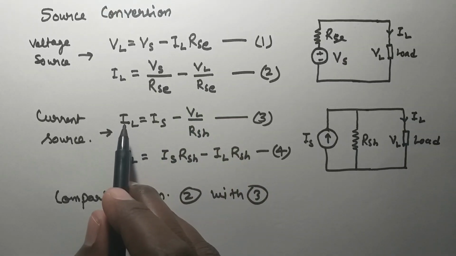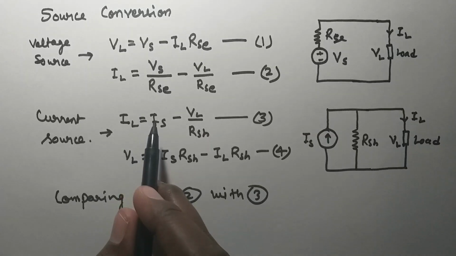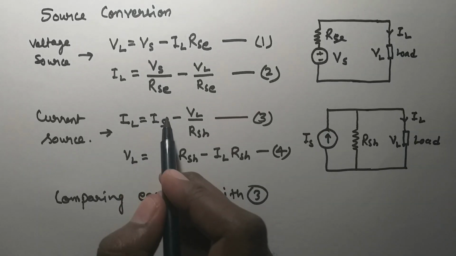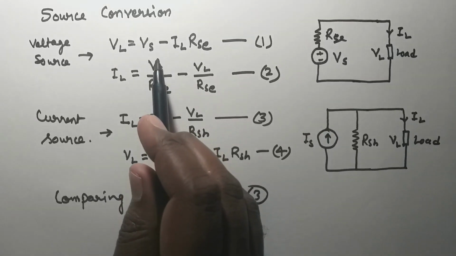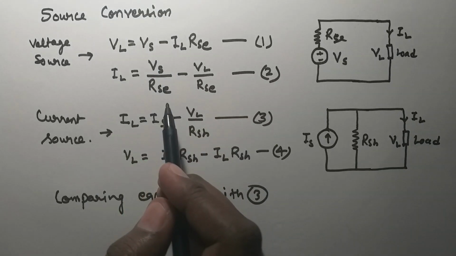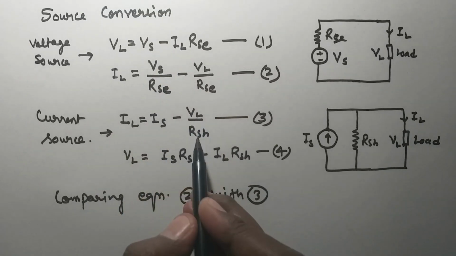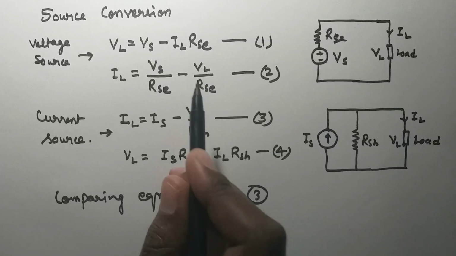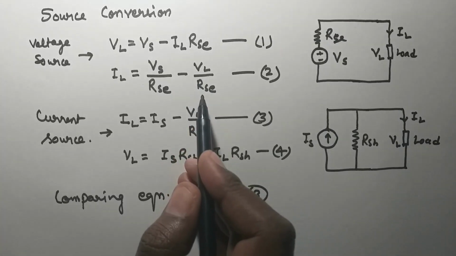And here IL is written as IL is equal to Is minus VL upon RSH, means in place of Is, here we have Vs upon Rse, and in place of VL upon RSH, we have VL upon RSE.